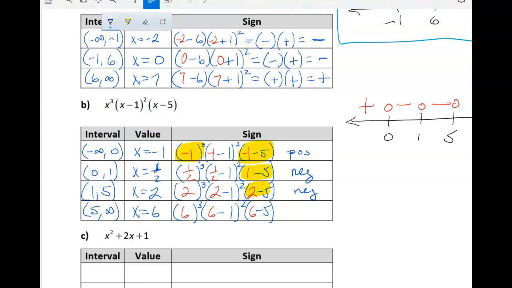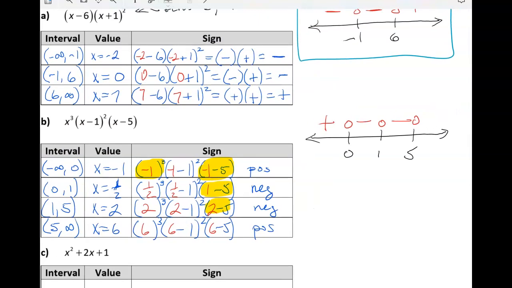I forgot that one on the 6 cubed. All right, so 6 cubed is a positive number. 6 minus 1 squared is a positive number. 6 minus 5 is positive. We have all positive factors. So overall, the polynomial is positive. Mark that off on the number line. And there's our answer.